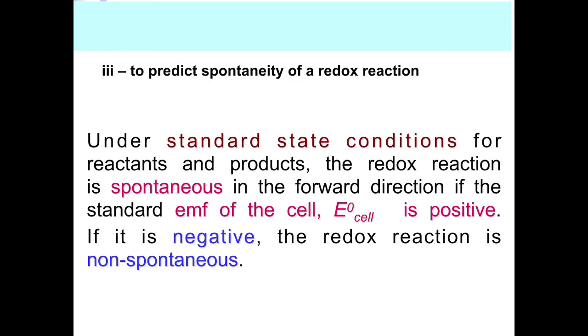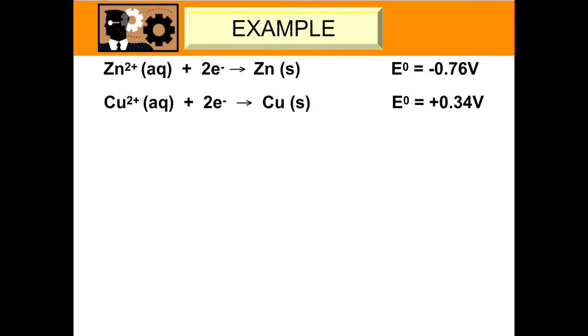Lastly, we can use the electrochemical series to predict the spontaneity of a redox reaction. Under standard state conditions for reactants and products, the redox reaction is spontaneous in the forward direction if the standard EMF of the cell, E0 cell, is positive. But if it is negative, the redox reaction is non-spontaneous. For example, we have zinc and copper.